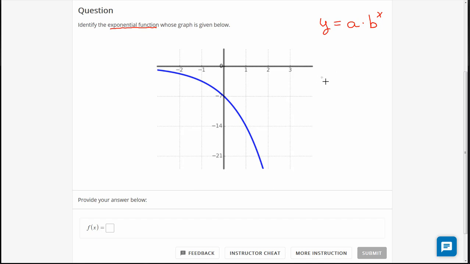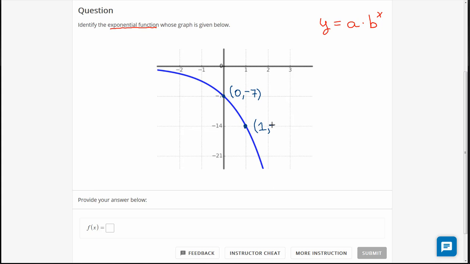So how I'm going to go about answering this question is I'm going to focus on 2 points. I think the easiest way to do this is to focus on the y-intercept. So the y-intercept is (0, -7). And then the other point I'm going to focus on is the point where the x-coordinate is 1.